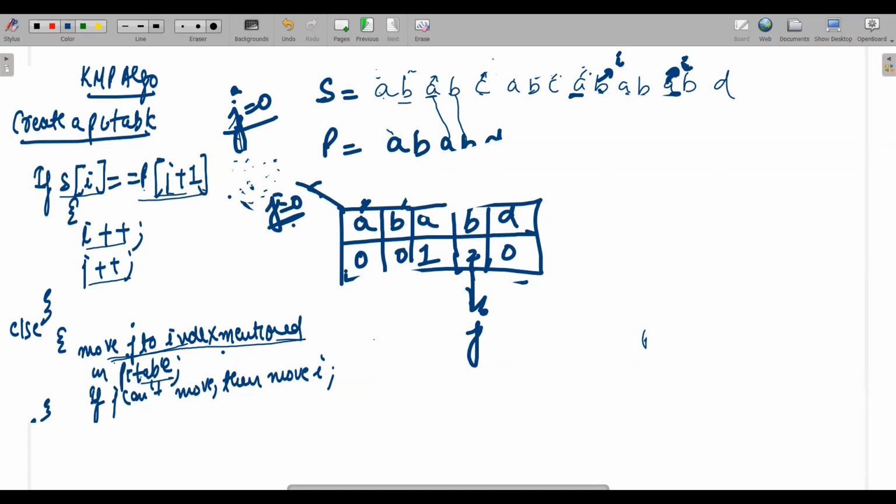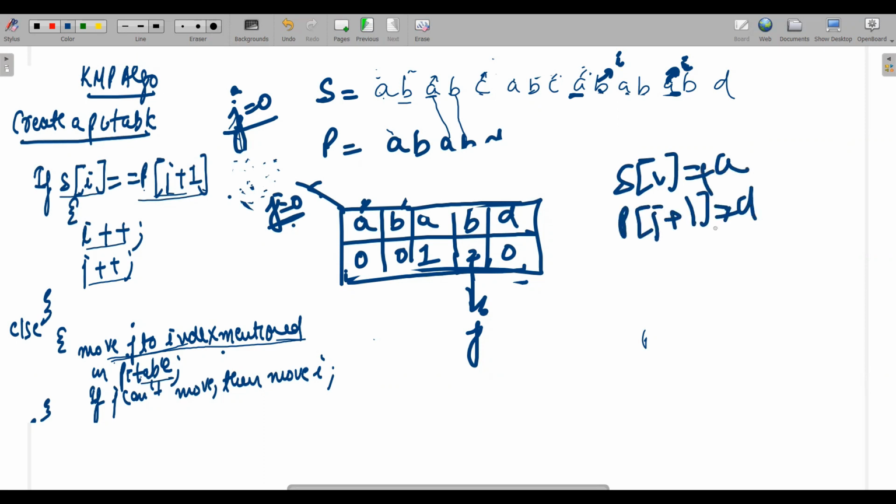So in this particular scenario, what happens? Your S of i, which is A, and P of j plus 1, which is D, they don't match. In that scenario, you have to move j to the index mentioned in the pi table, 4, 5.